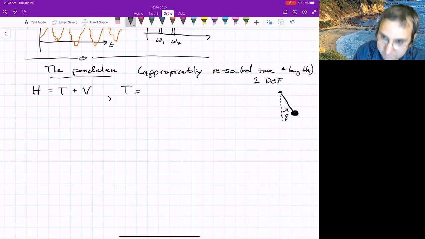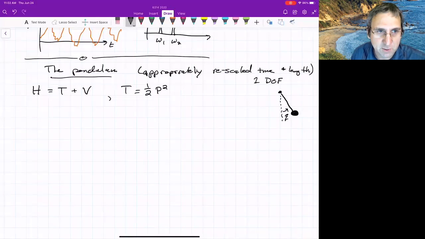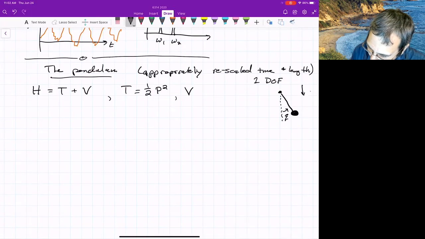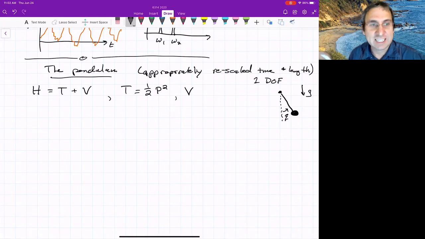Kinetic energy is 1/2 p squared. I won't even put subscripts because there's just 1 degree of freedom. The potential energy due to gravity, but we've rescaled everything, so g is not going to show up, because we've rescaled time and length to make it unit acceleration.